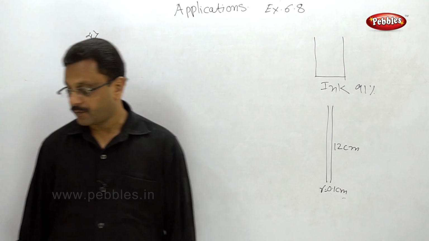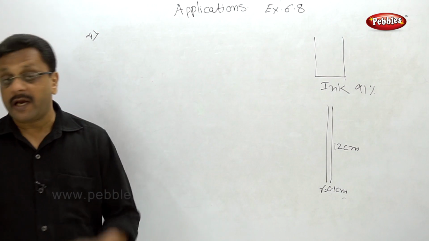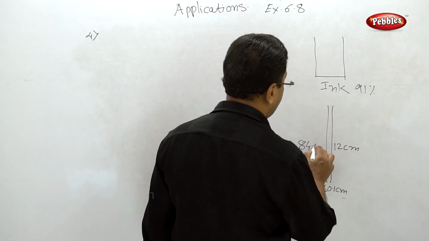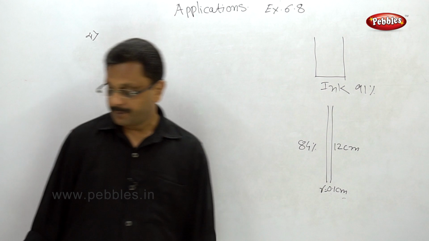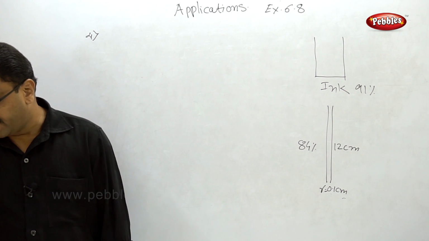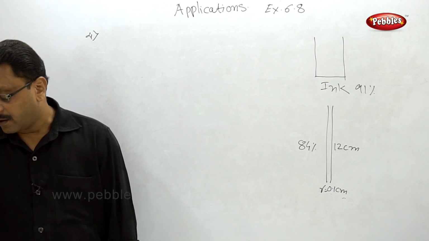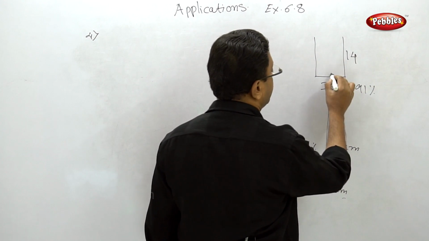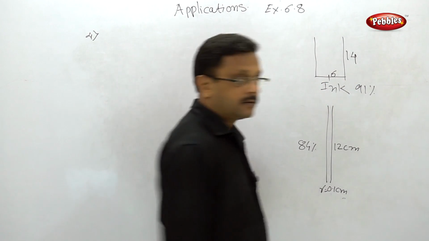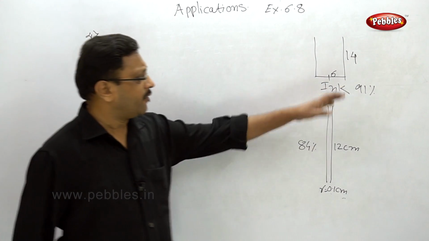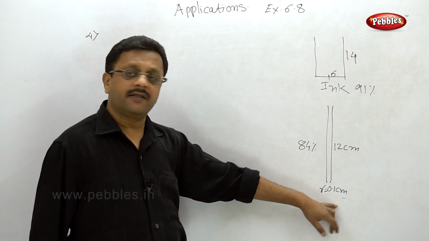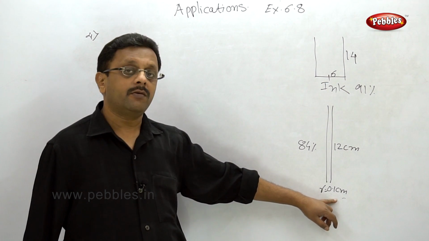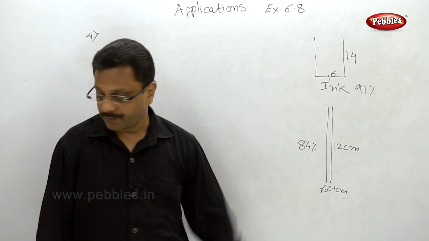Okay, are filled up to 84% only. Now this refill is not fully filled, it is filled up to 84% only. Okay, if the height and radius of the ink container are 14 and 6 centimeters, height is 14 and radius is 6 centimeters. Since every other thing is in centimeters, I have taken the radius of refill also, though it is very small, in centimeters only.